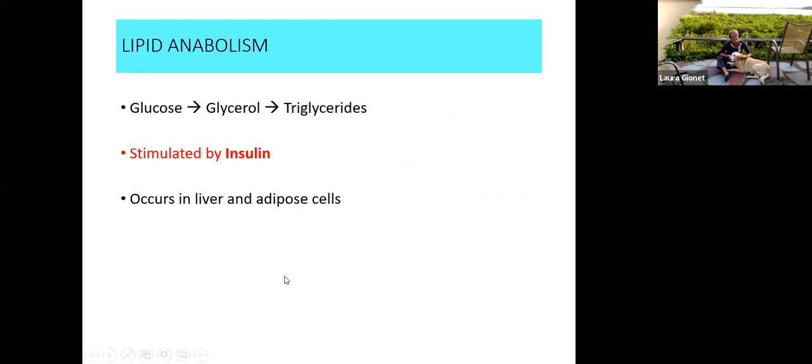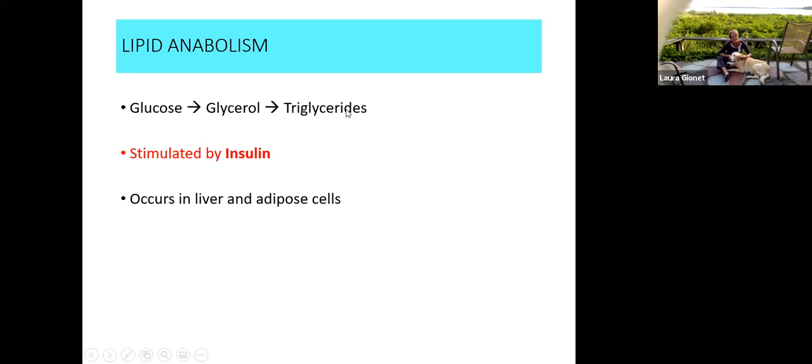Okay, lipid anabolism, how we build it up. Well, we can take glucose, in different substrates that are in excess in our body, that we ate, that we did not store as glycogen, either in the liver or in skeletal muscle. So the glucoses can come together to form glycerols and ultimately produce triglycerides.